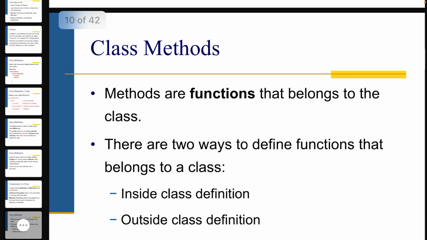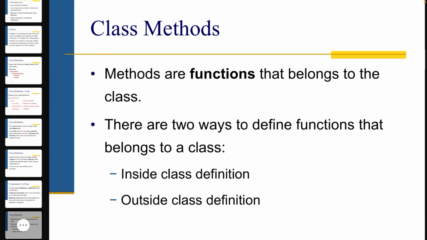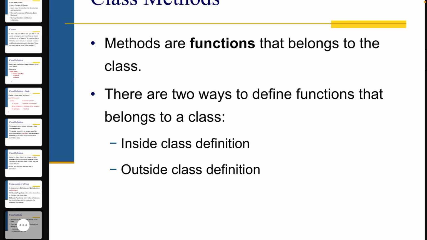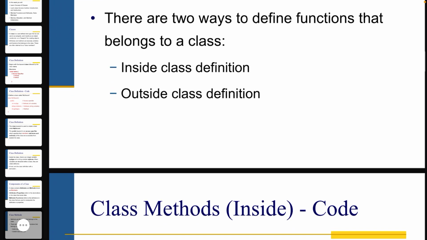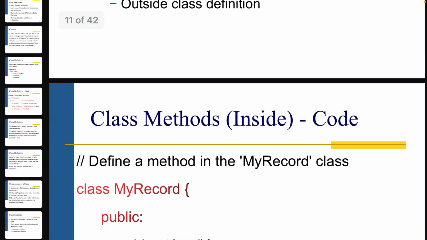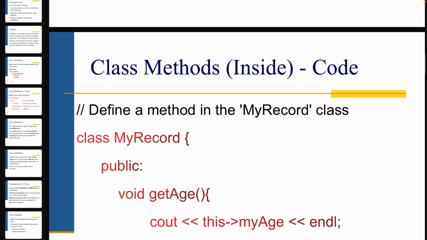So we move to class methods. A method is a function that belongs to the class. There are two ways to define functions that belong to a class: inside the class definition and outside the class definition. With the inside class definition, this is the code for it.